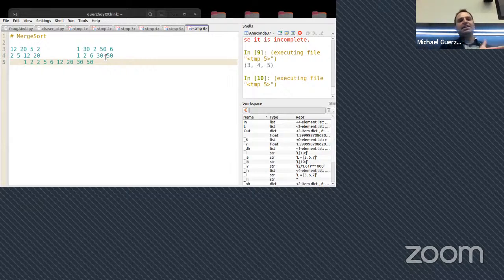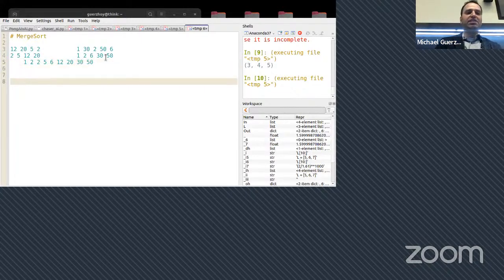Right? And the insight here is if the list is small enough, you can sort it just by inspection. And if you have two sorted lists, it's not difficult to merge them together into one big sorted list. So that's basically the idea.